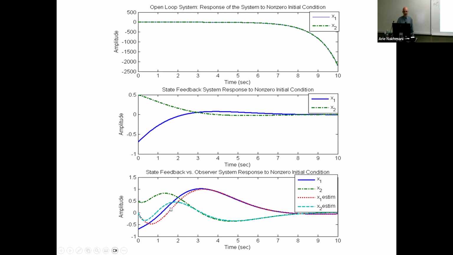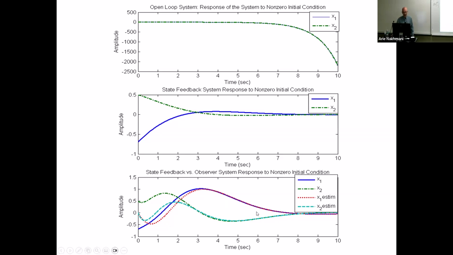These are the observer estimated states, and these are the original states. Pay attention that they are starting from different points, right? Here they start from 0.5 and negative 0.6 or whatever, and my observer starts from different states. These are the estimated states, and these are the real states, and how they change in time.